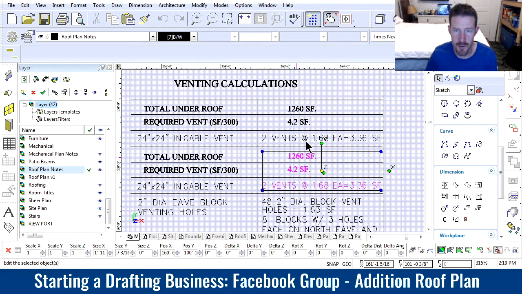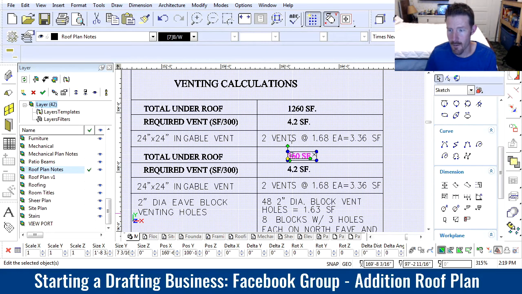Okay, so the addition was 300, and this was 360 divided by 300, so 1.2. What happened? 1.2, there we go.